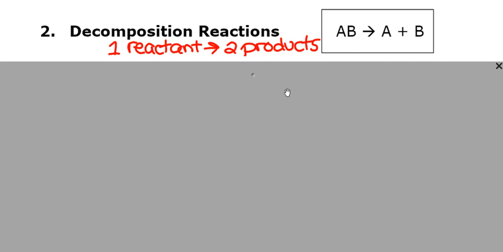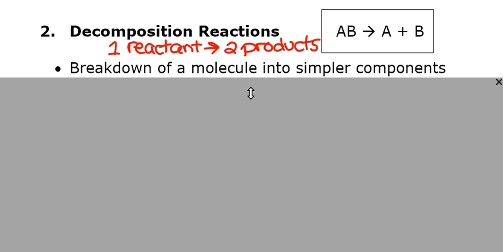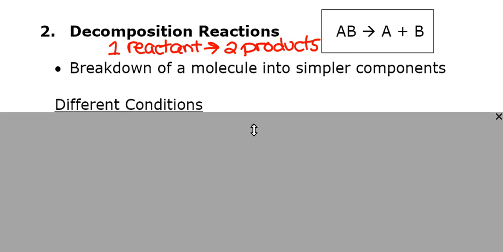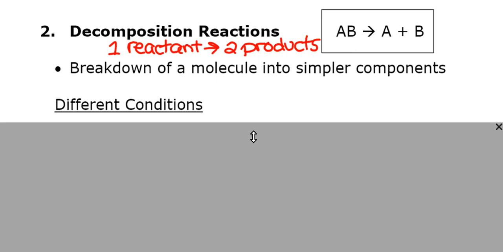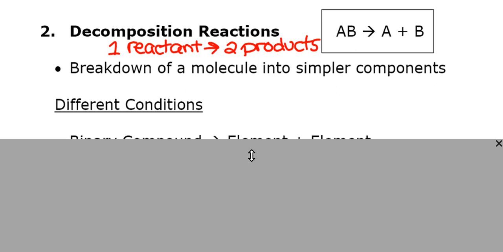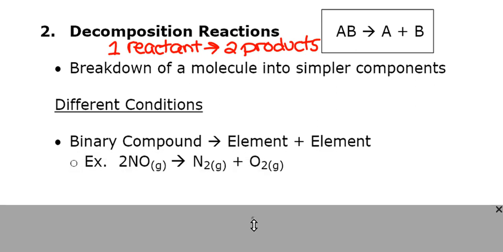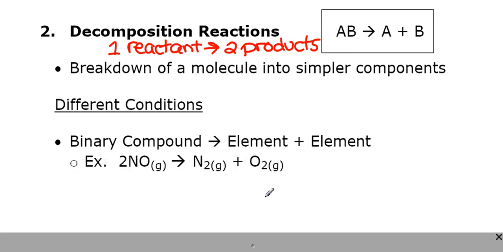So we'll look at some examples together and also look at a few that are a little bit more specific, and those are ones that you'll need to be familiar with. So what are our different conditions? First, let's take a look at a very simple one, and this is pretty much the exact opposite of our first synthesis example that we looked at. Here you have a binary compound. It's made up of two elements.